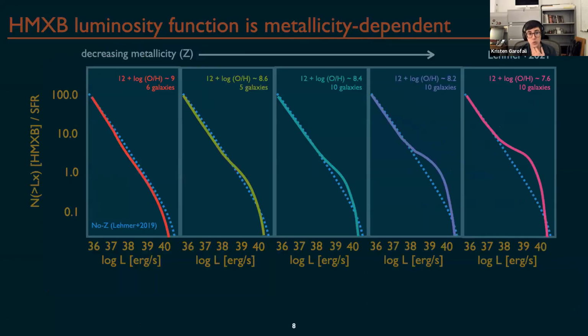Because of this, recent work by Brett Lehmer looked at a sample of galaxies from the Chandra archives as a function of metallicity. Now the dotted blue line is the HMXB luminosity function from the previous slide, where it didn't take into account metallicity. And each panel shows instead the new metallicity-dependent model for the HMXB luminosity function.